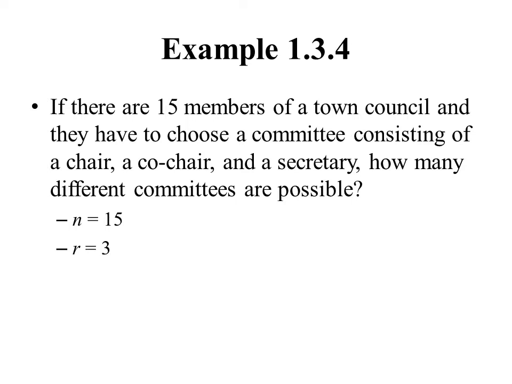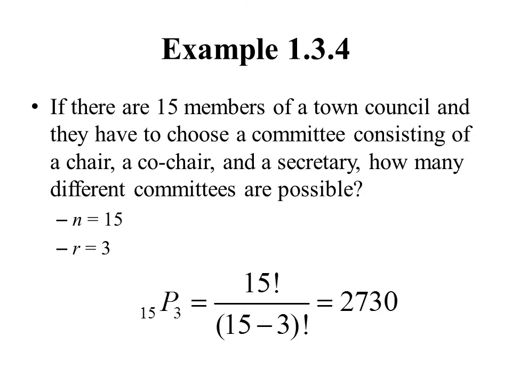And we can interpret this as though the order is important. We can think of it as like the first person we choose is the chair, the second person is the co-chair, and the third is the secretary. Now the problem doesn't explicitly state that, but we can interpret it in that way. And so this is a permutation problem. So the number of ways is 15P3. If we plug things into our formula, there's what we get. We do those calculations, we get 2,730 different committees.